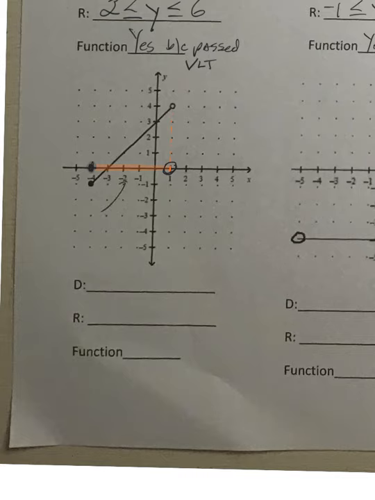So we have to write the domain that is between -4 and +1. So we have to write x. All the x values are between -4 and +1, and this one has a closed circle, and this point at 1 has an open circle.